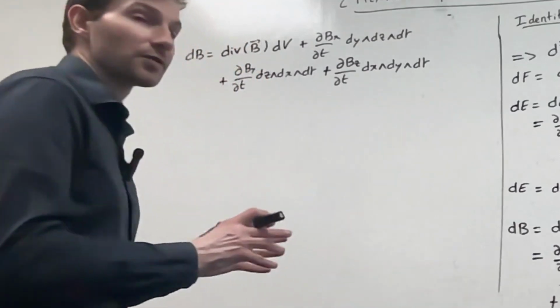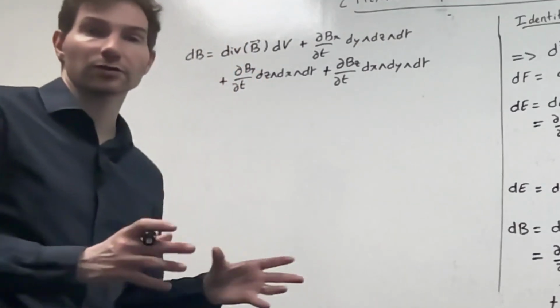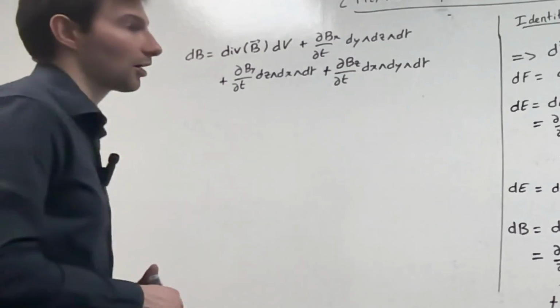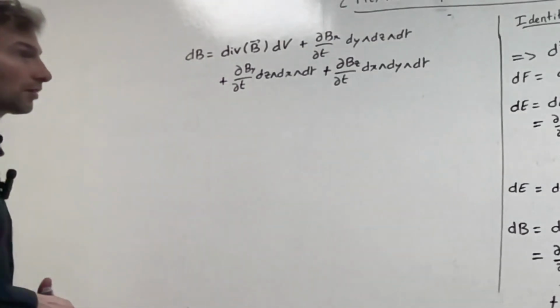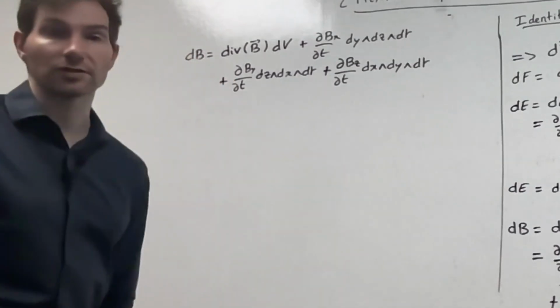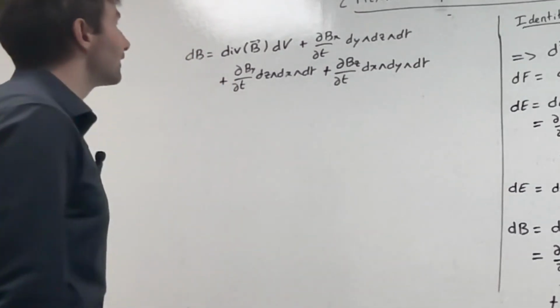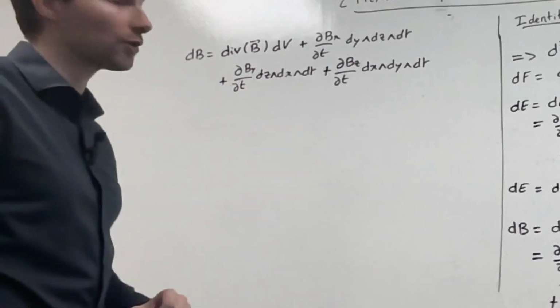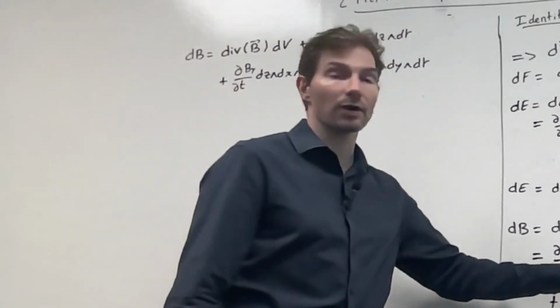It's a collection of fields, or components of a specific form. And so this is the divergence of that particular field times dv, where dv is the volume form, that is dx, dy, dz.